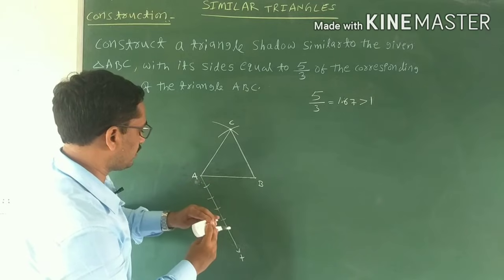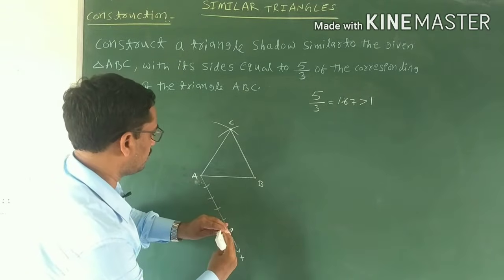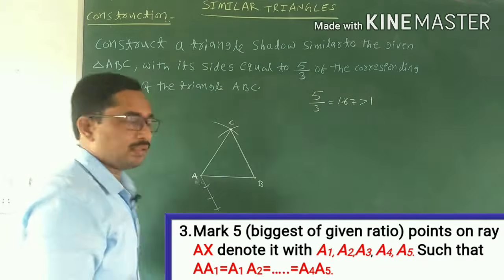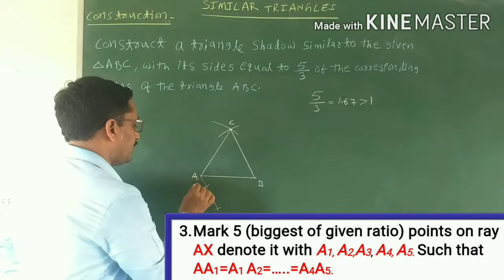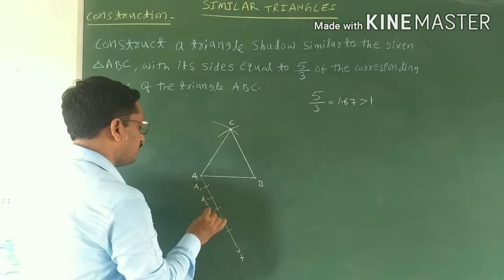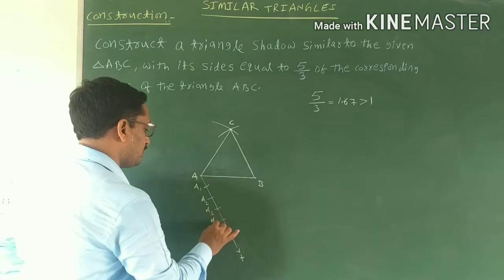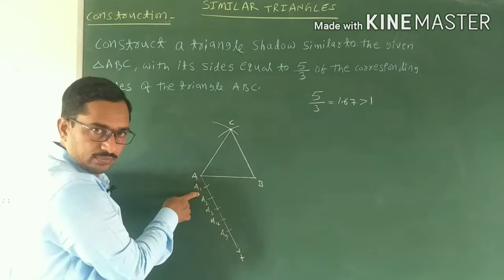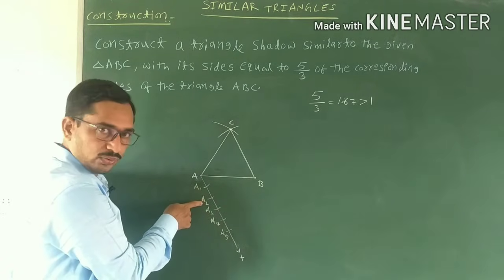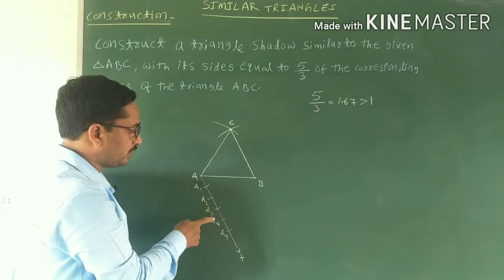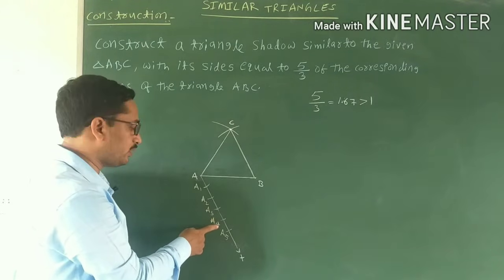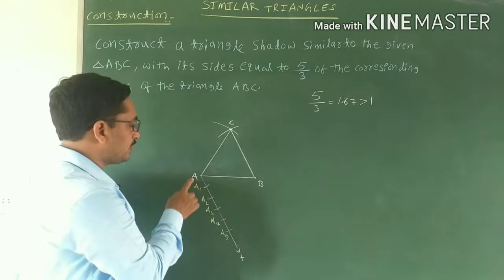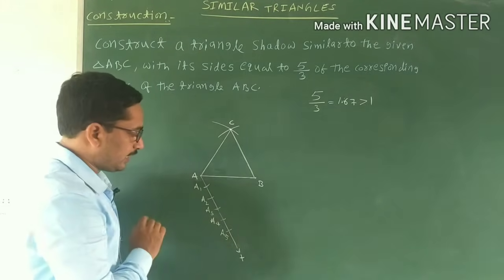So 3 are completed. Now this is the fourth one and this is the fifth. All these are equal in length. Locate the points by naming them A1, A2, A3, A4 and A5, such that AA1 equals A1A2 equals A2A3 equals A3A4 equals A4A5. All these are at an equal distance. Now we have located the 5 points on the ray AX.